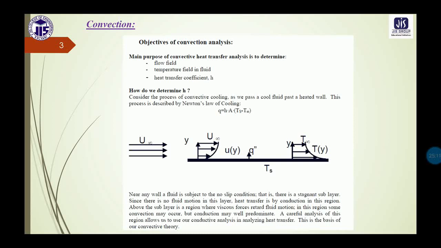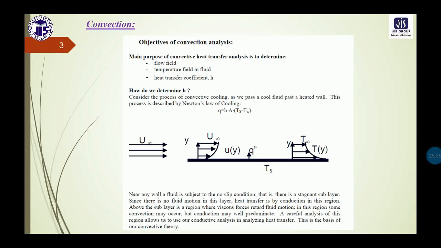Now, how do we determine this convective heat transfer coefficient? Let us consider the process of convective cooling as we pass a cool fluid past a heated wall. In that case, the process is described by Newton's law of cooling, and the formula, as known to us, is Q equals hA multiplied by (Ts minus T infinity).